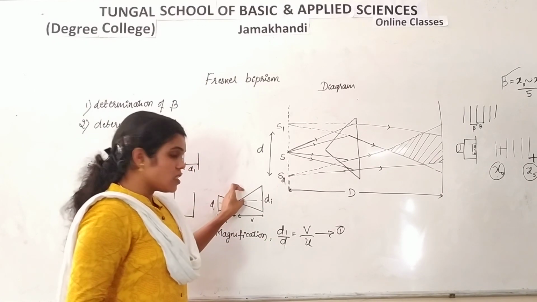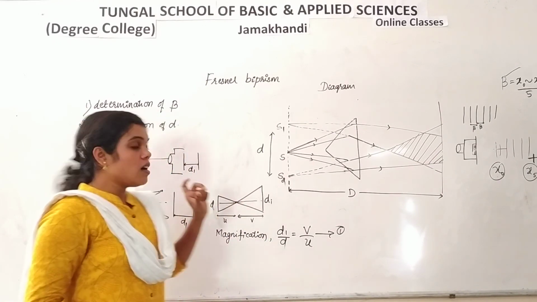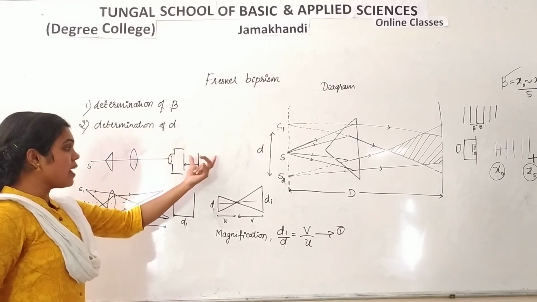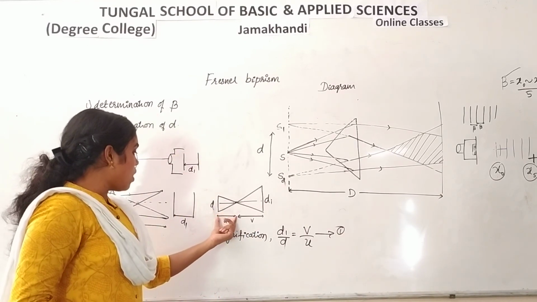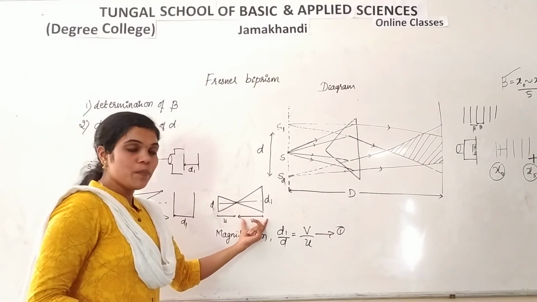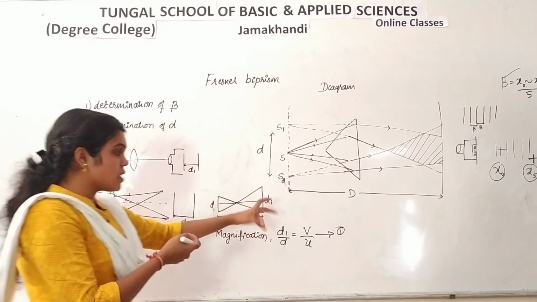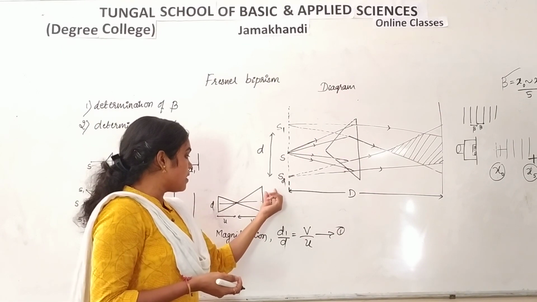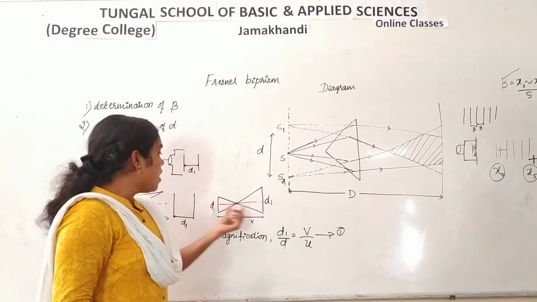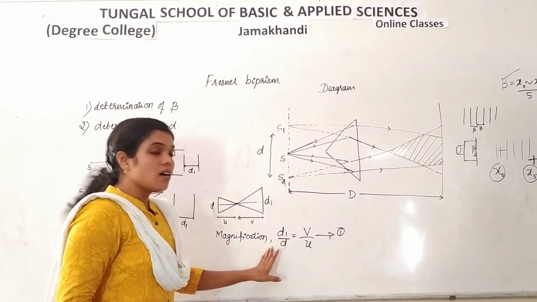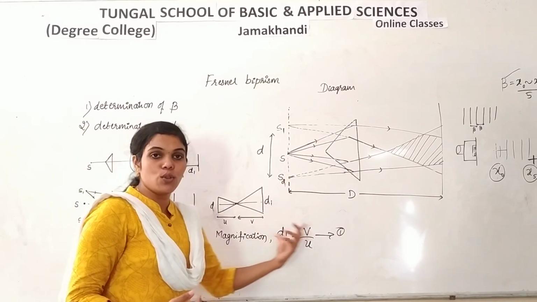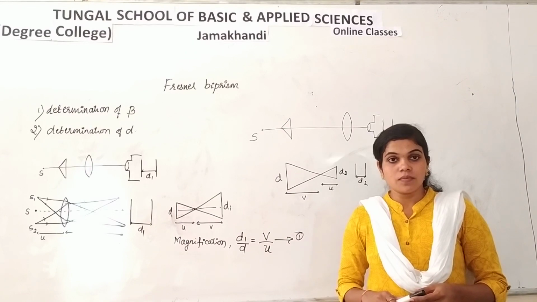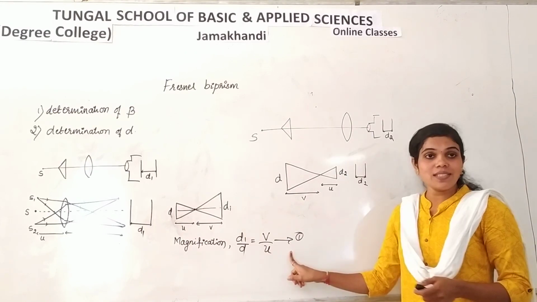You are going to change the position of the convex lens towards the biprism such that in the eyepiece you get a clear image of the slits, and call this U and call this V. With the help of the vernier on the eyepiece, you can measure the distance d1. And from the geometry, magnification is d1 by d, equal to v by u. So this is equation 1.